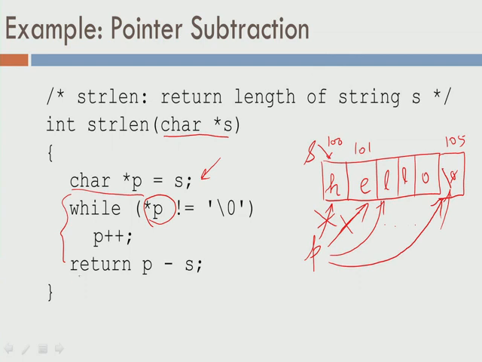So, at that point if you go and ask for p minus s, right, p is 105 and s is memory location 100, 105 minus 100 is 5, that actually gives us the correct length of hello, right.